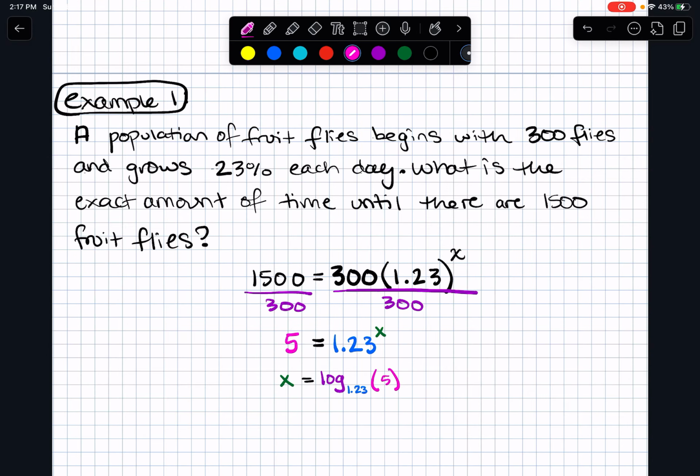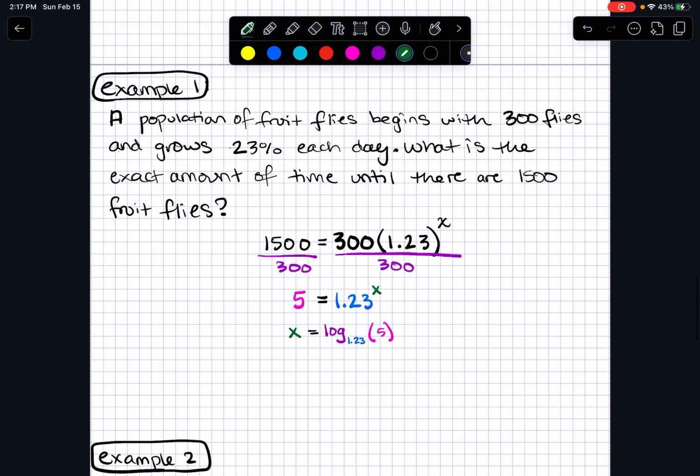So if I type that in, I'm going to get approximately 7.775. So in 7.775 days, my fruit fly population should reach 1,500.